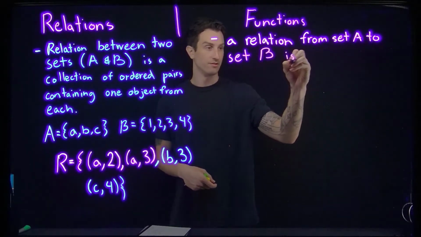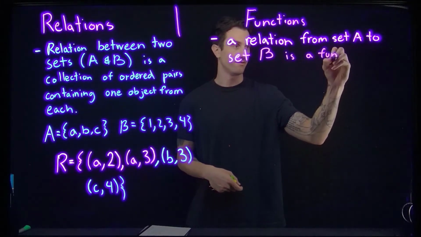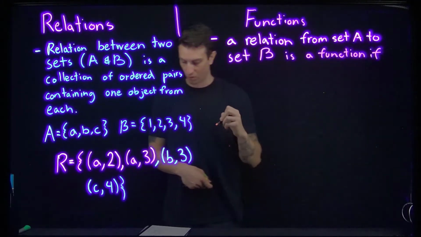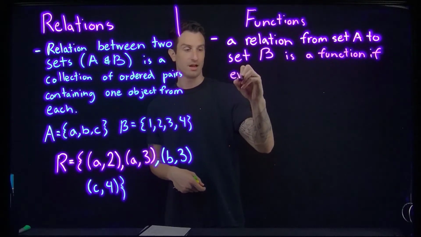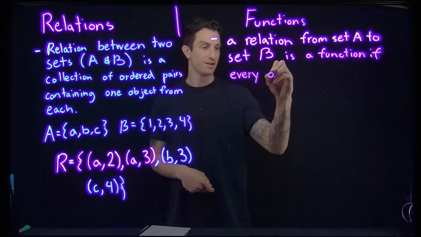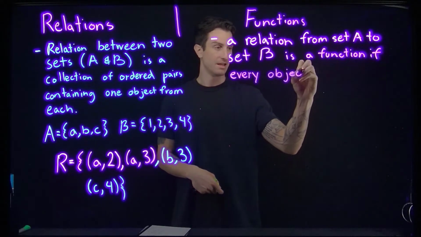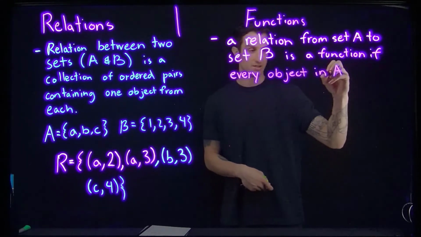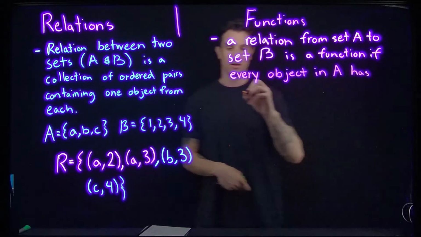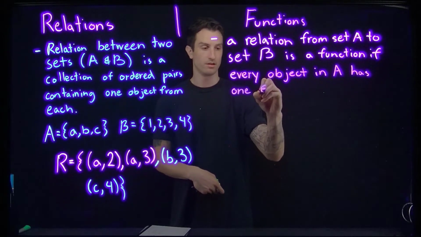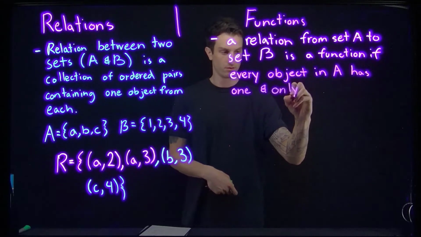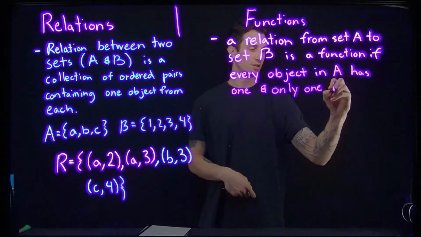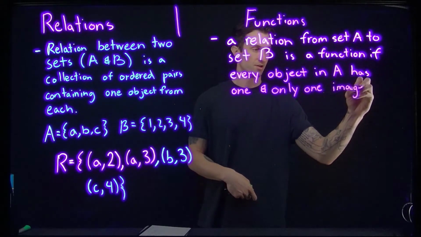A relation from A to B is a function if we have one more qualification: if every object in A has one and only one image in set B. I'll discuss all these words.